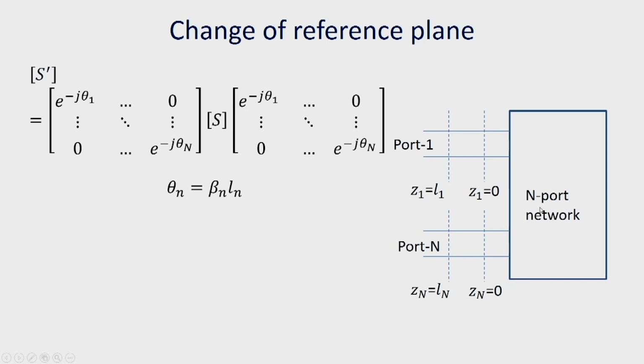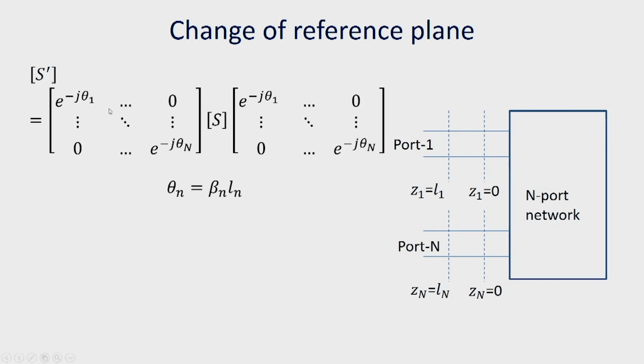So, what can we do? We can modify the original S parameters measured for this n-port network, considering this as the reference planes, by change of reference planes, and let the reference plane now be moved to Z1 equal to L1 and Zn equal to Ln.